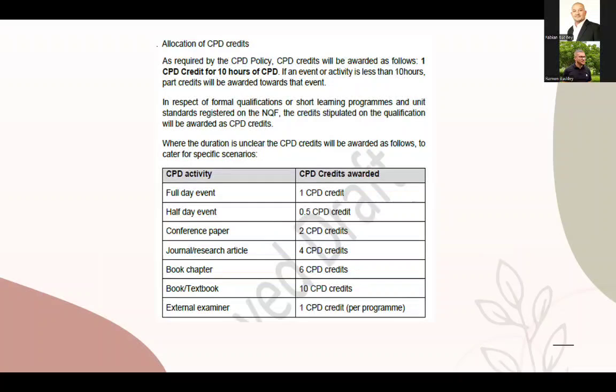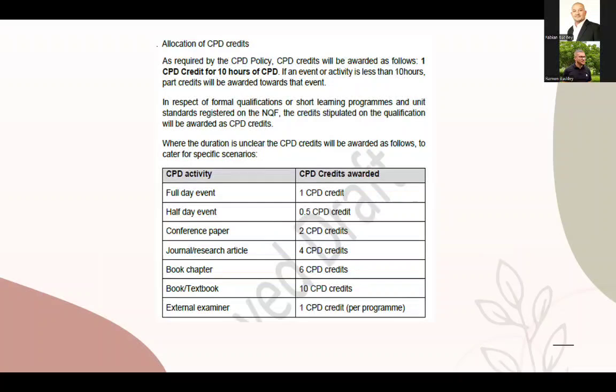So don't get confused with that. It's very simple, basic, straightforward. Even your short courses, some short courses will have an NQF level with the credits allocated. It will be 2 credits, 4 credits, 5 credits, whatever the credits are according to the framework that SACPCMP utilizes to allocate credits.